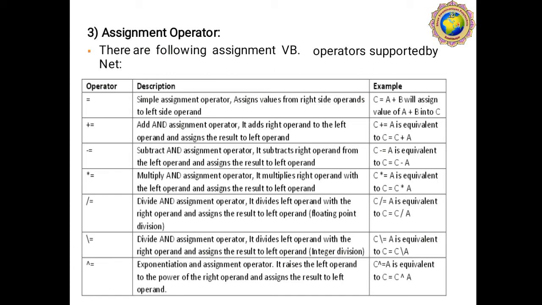It assigns a value from the right side operand to the left side operand. So C equals A plus B will assign the value of A plus B into C.